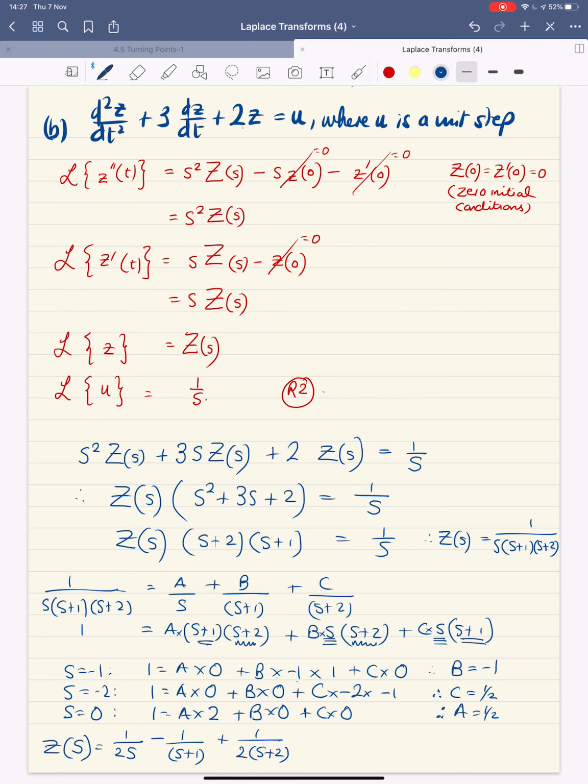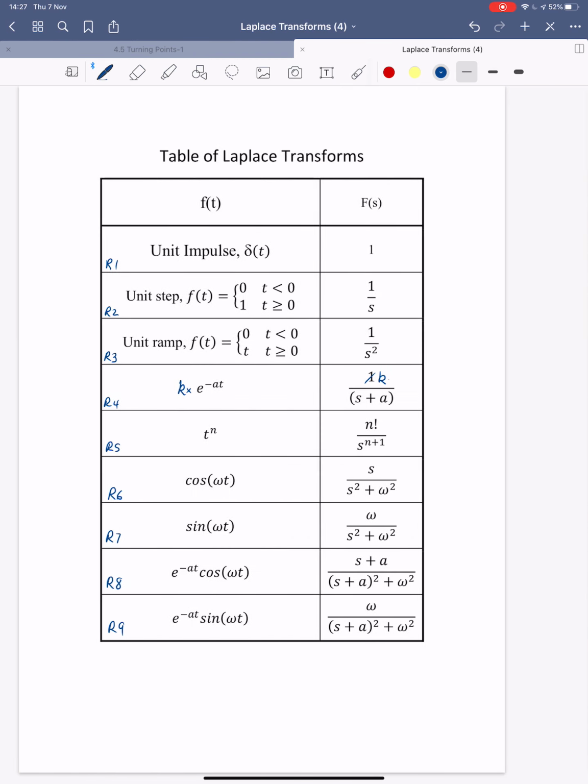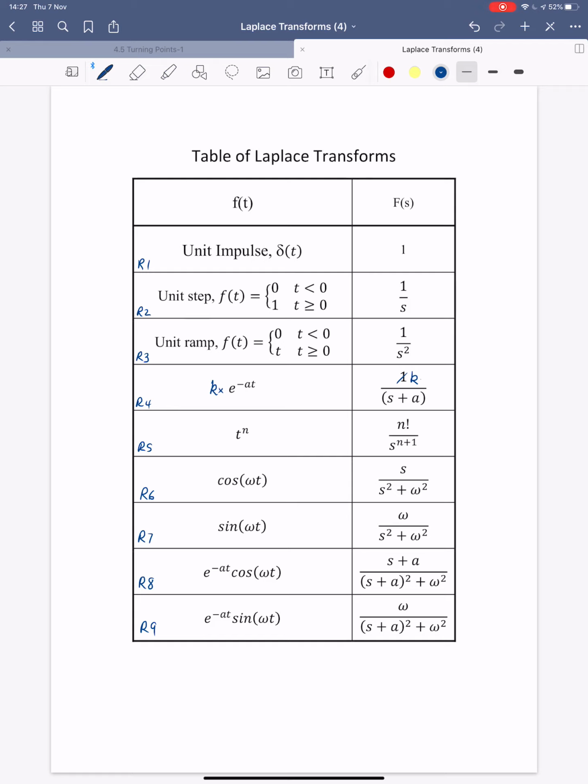Okay, so then we've got to use the table in reverse. 1 over 2s, that's this one here, with half of this one, so it's going to be a half. And the next one is minus 1 over s plus 1, that's going to be one of those, with k minus 1, and a is going to be 1.